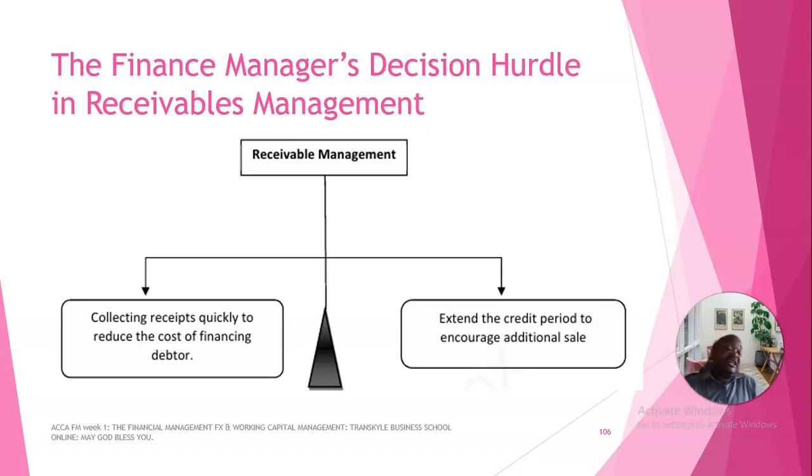So the finance manager has a hurdle of deciding if he is going to collect receipts quickly to reduce the cost of financing debtors. At the same time, he is also faced with the decision as to whether to extend the credit period to encourage additional sales. That's the idea in receivables management.